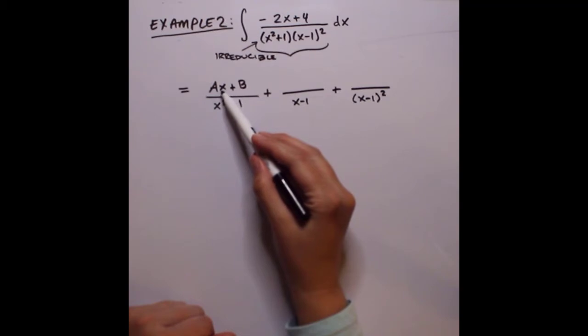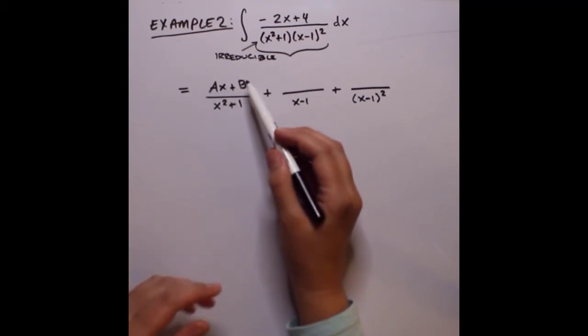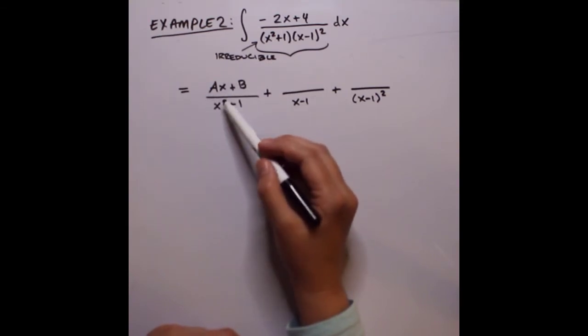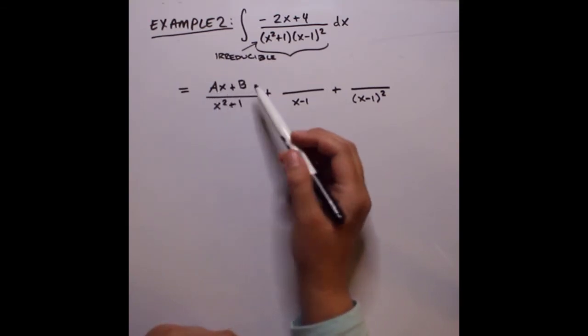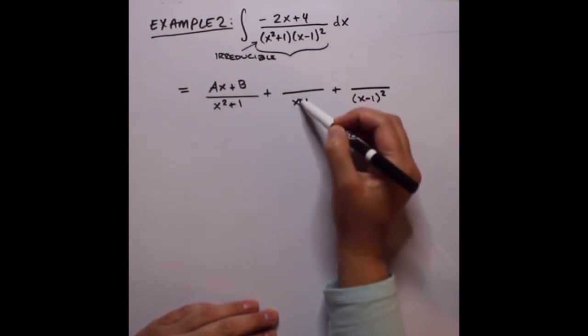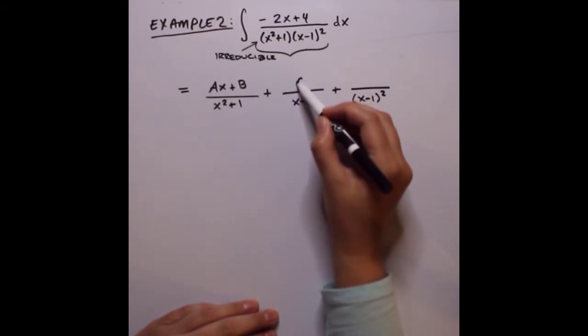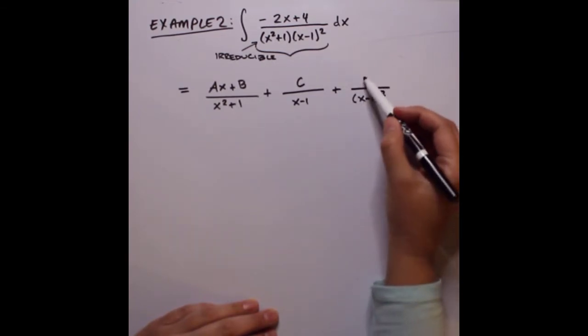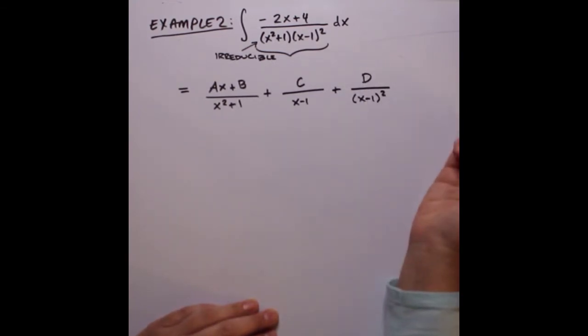Instead of just writing x to the 1 by itself, there might be a number in front of x and there might be some constant. So I just address that by writing ax plus b. This term is linear as far as x goes, x to the first power, so we just need a constant, c. Over here, this is also linear, x to the first power, so d for our numerator.